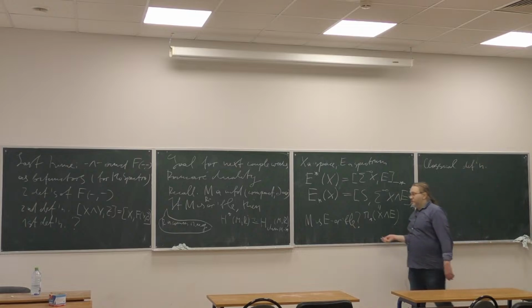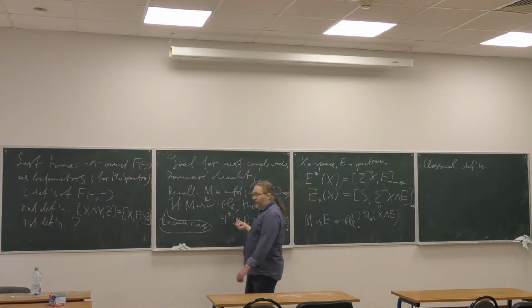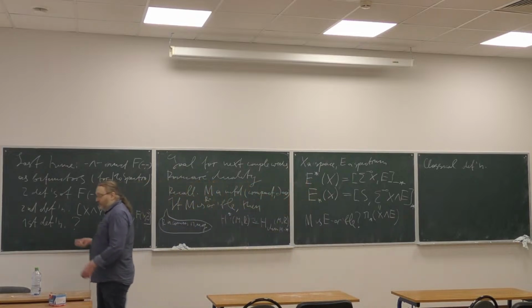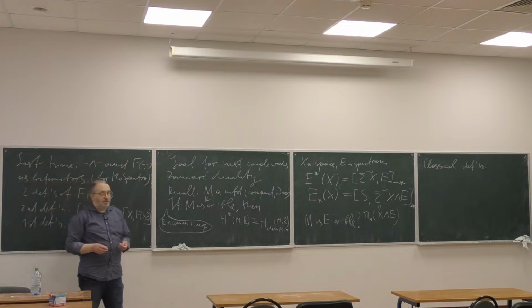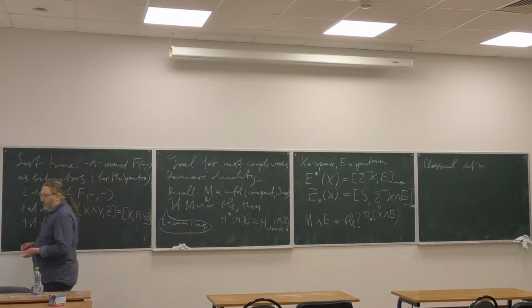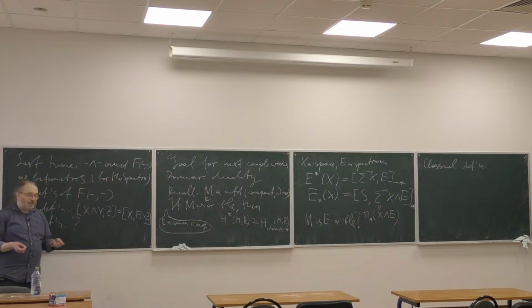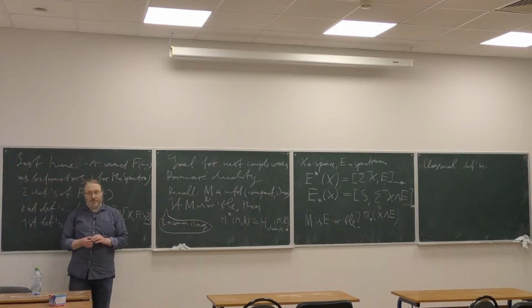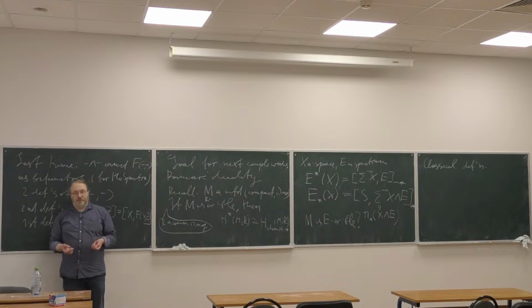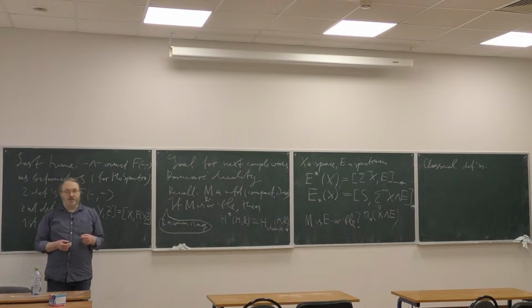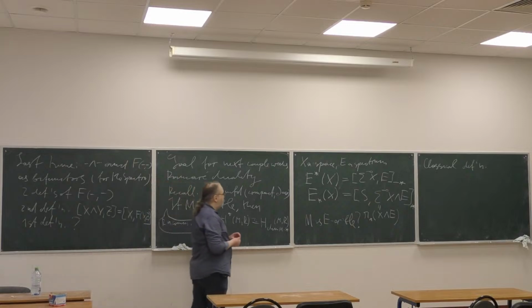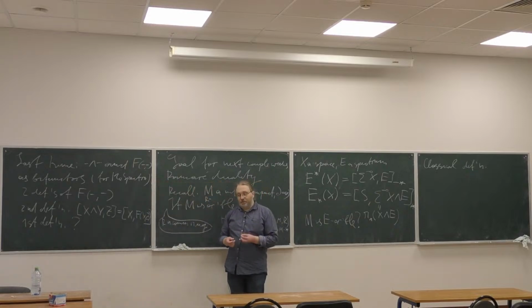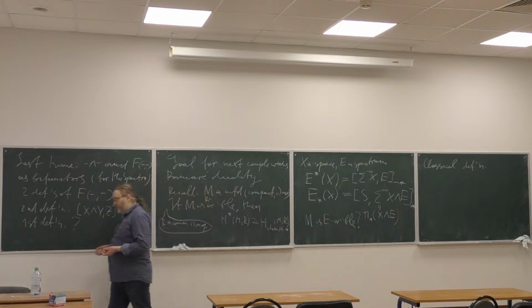There are several ways to define orientability in the classical case. For example, there is a convenient definition which uses paths, and if all paths preserve orientation, then the manifold is orientable. Otherwise, it's not orientable. And there are several more.